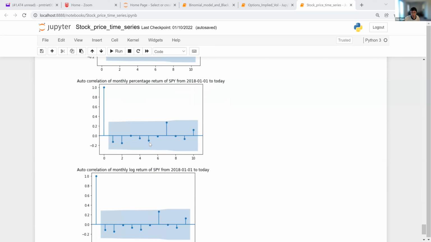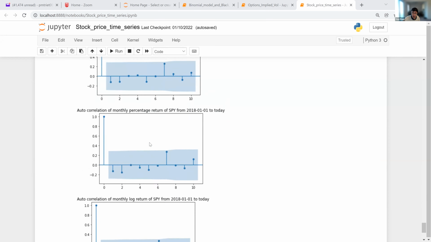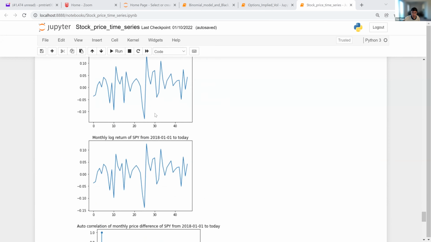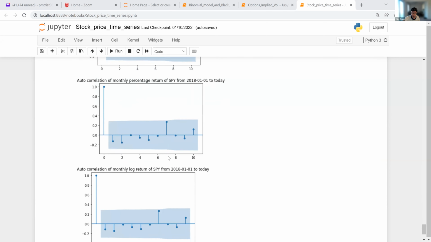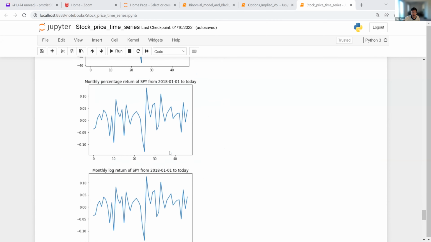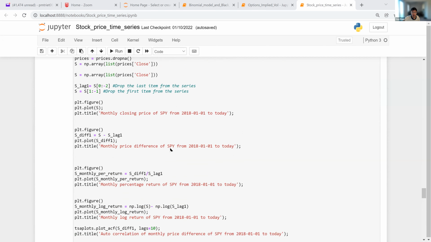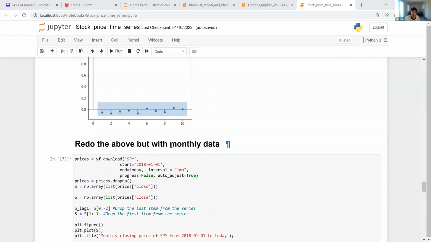But besides the behavior of the time series itself, one thing you want out of Black-Scholes is the mu and the sigma, or at least you want to make sense out of those.